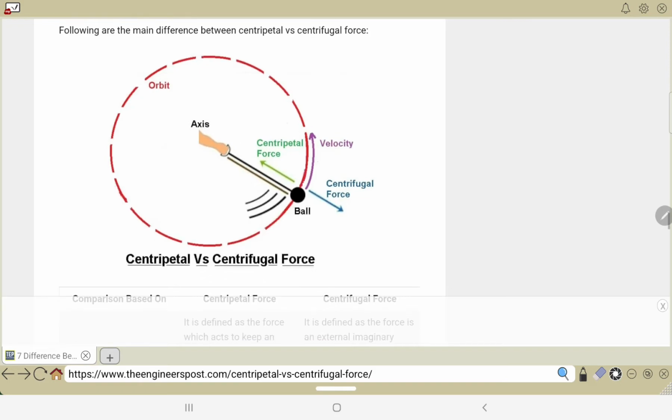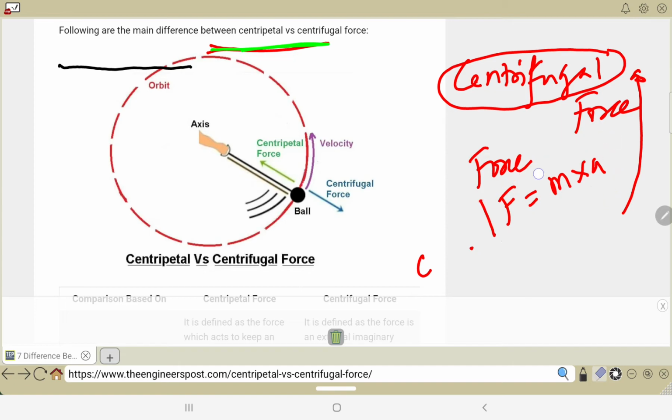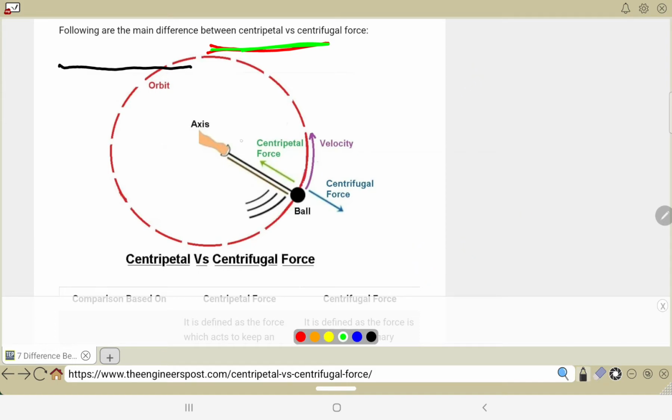Here you will see the centripetal force, and in the opposite direction you will see the centrifugal force, and a ball is rotating in a circular path with some velocity. So this figure indicates the presentation of centripetal force and centrifugal force.